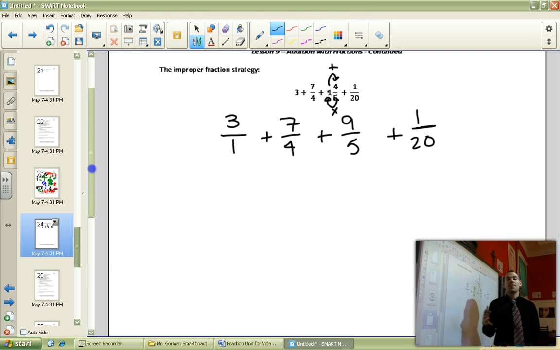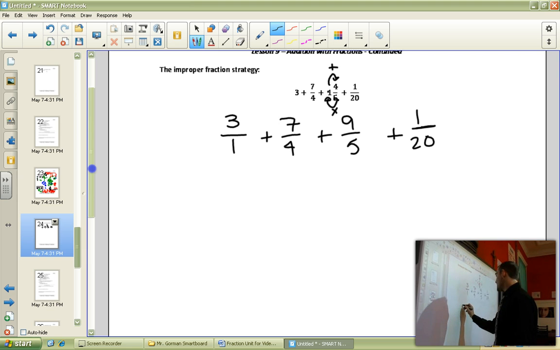Again, we need common denominators. Okay? The common denominator is going to be the least common multiple of the denominators, and I'm going to tell you right off that's going to be 20. Okay? Then your next step after that is going to be to find equivalent fractions with the new denominator. You can watch lesson 3 on that, or you can watch the previous part of this video if you need review on how to find the equivalent fractions.